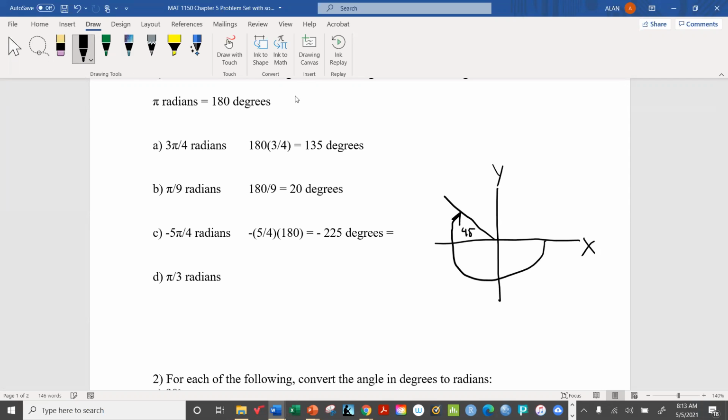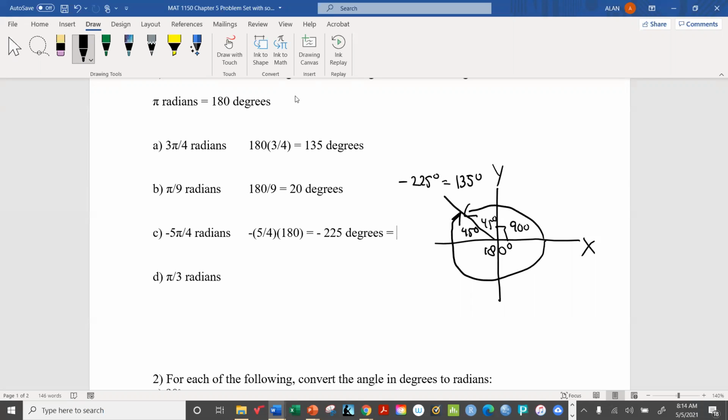And of course, this semicircle is 180 degrees. So altogether, this is negative 225 because we're going in a clockwise direction. The equivalent positive angle means we're going in a counterclockwise direction. So you can see this time I'm going 90 degrees plus 45. So that means this is equal to positive 135.